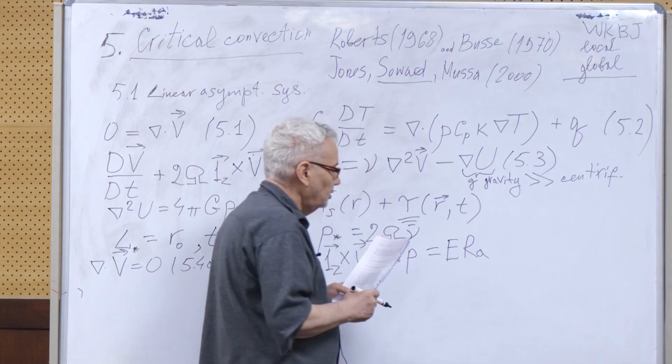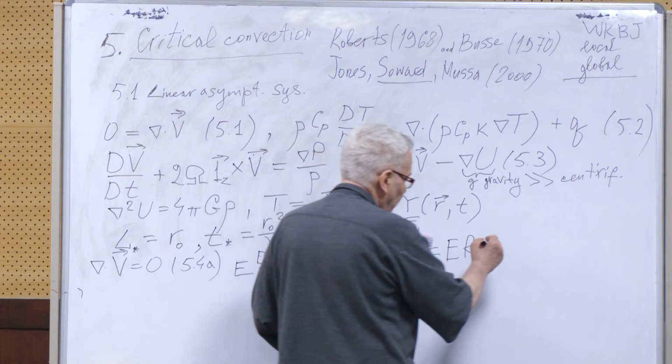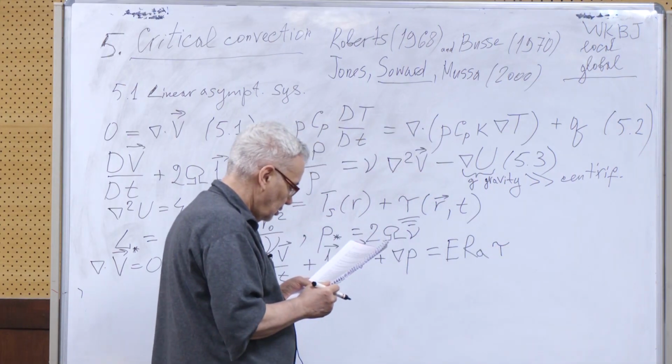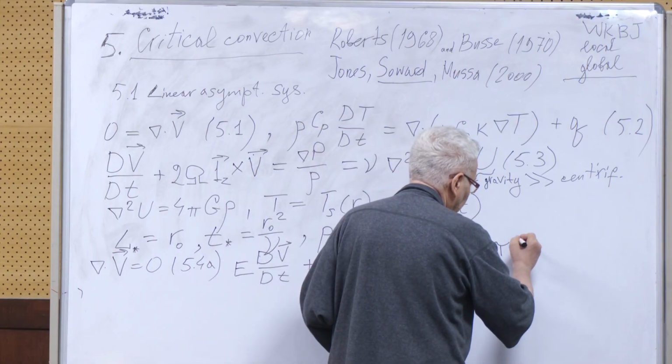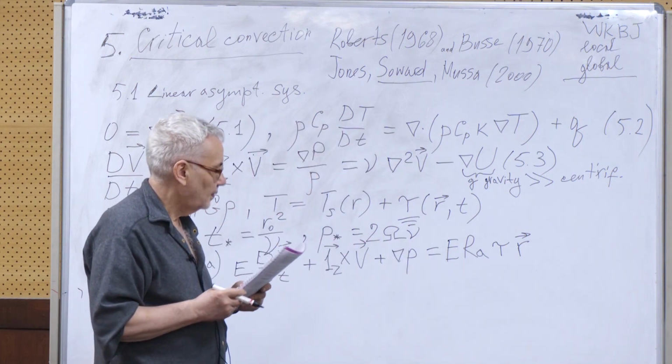Then the Rayleigh number appears. I will describe it later. In front of the Rayleigh number we have this tau, which drives the convection, and there is simply the radial spherical vector.